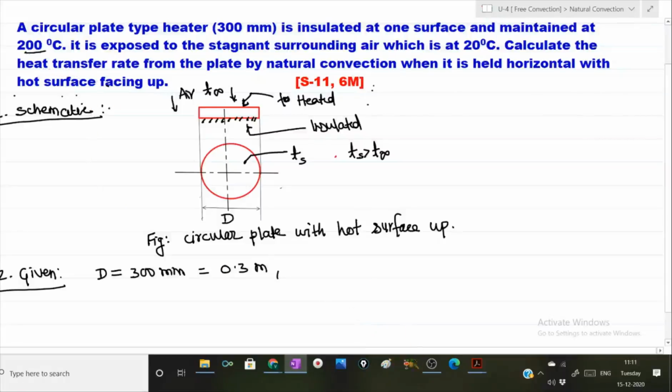Surface temperature of the heated surface of the plate heater is 200 degrees Celsius, and temperature of air is 20 degrees Celsius. As you can see, it is mentioned it is exposed to stagnant surrounding air. Okay, so these are the parameters given to you.